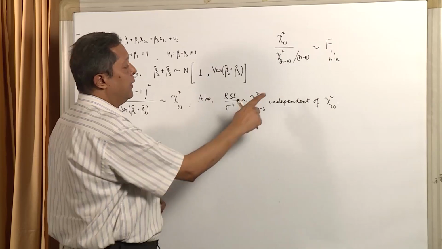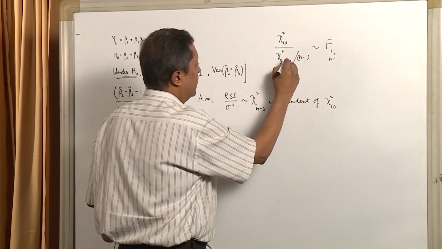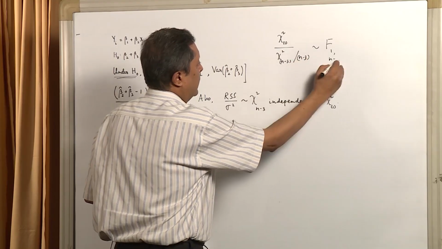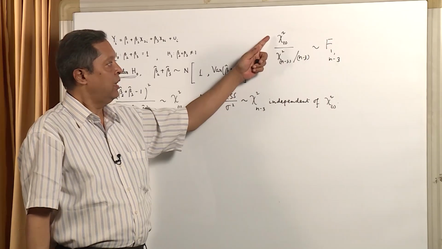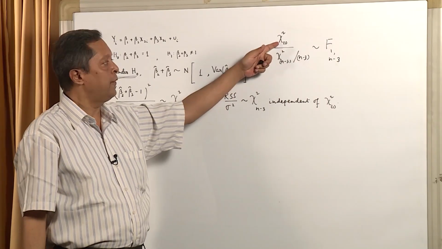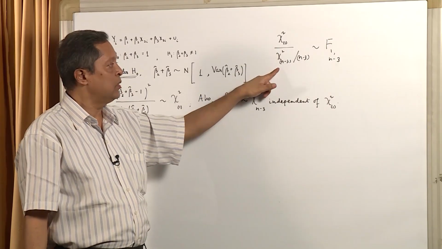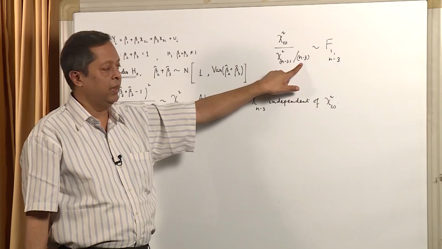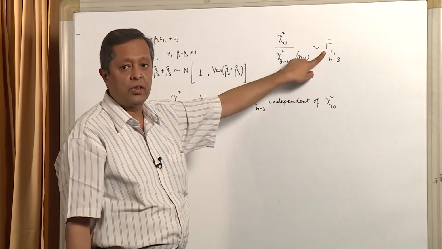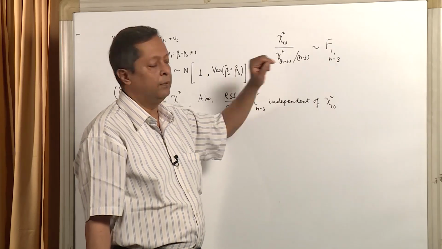Here obviously the value of k is 3, so we write n minus 3, and so we develop the test statistic: chi-square with 1 degree of freedom divided by 1, that is implicit, all upon chi-square with n minus 3 degrees of freedom divided by n minus 3, following an F distribution with 1 and n minus 3 degrees of freedom.